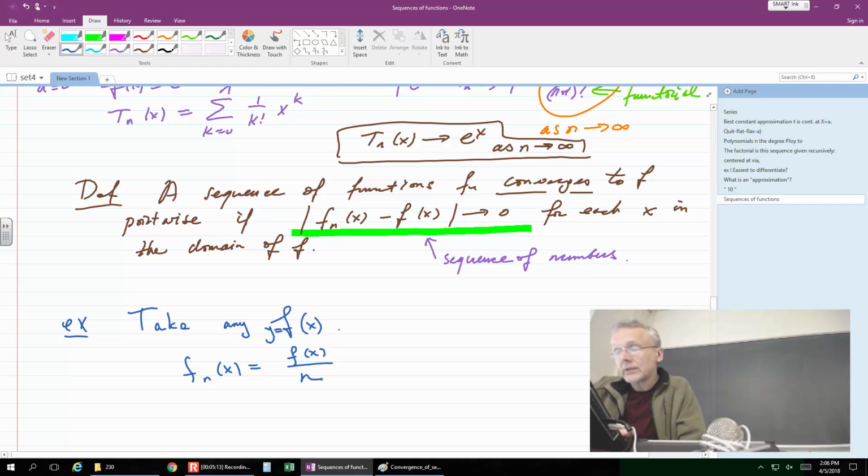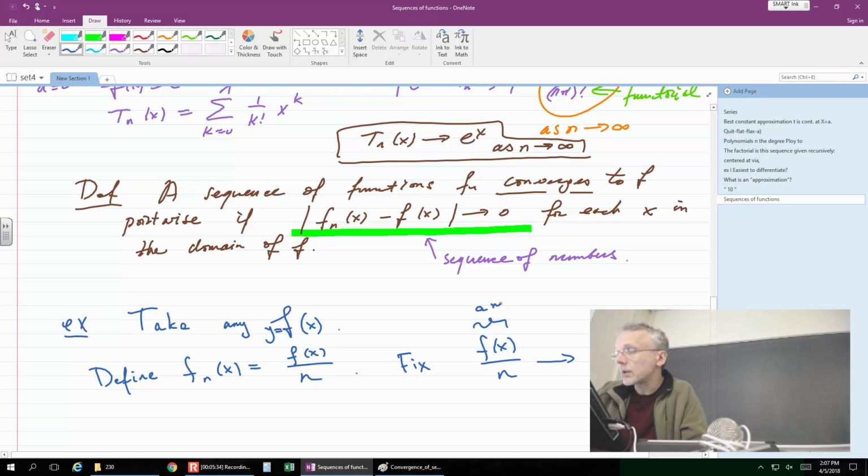Once again, x is fixed. If we define a sequence of functions like this, and then fix x, and you want to see the trend of these functions, you look at f of x over n, and what's happening with this? This is just a number, and it is divided by larger and larger values of n. So the whole thing goes where?